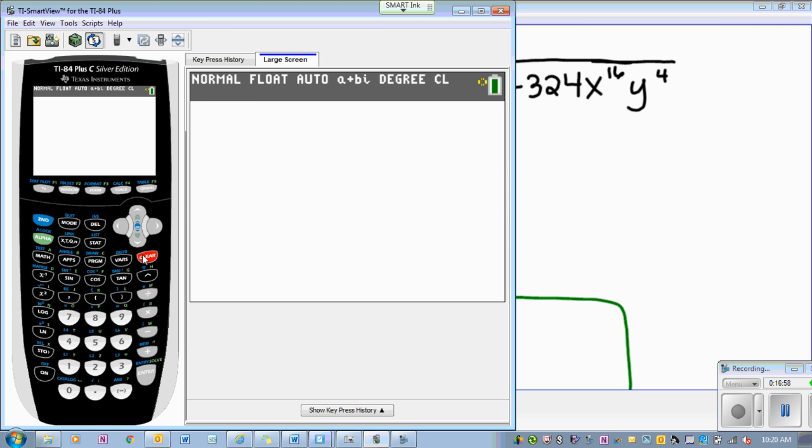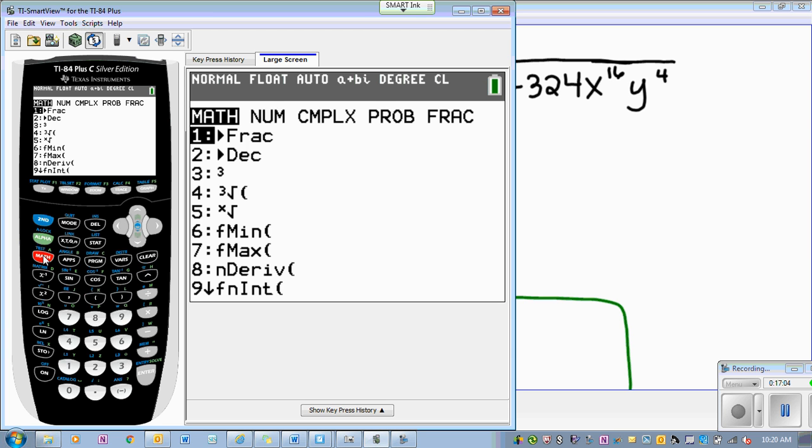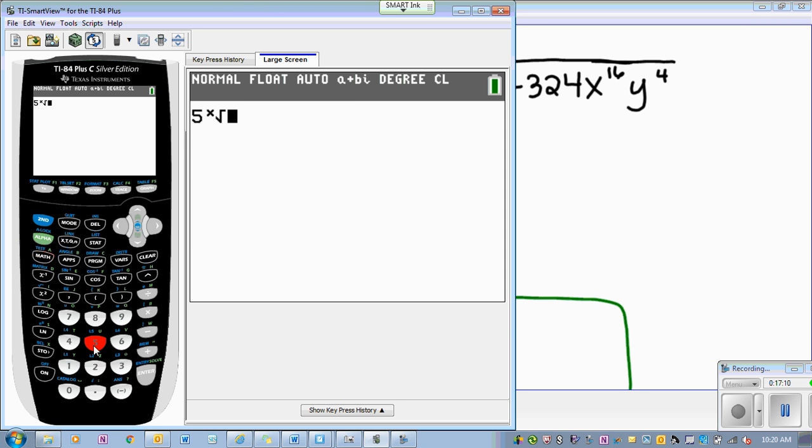All right. So 5, because I want the 5th root. And then I'm going to go to math. And that's the 5th one, right? With the little x in front of the radical. What is it? Negative 324? You get a decimal? Oh no. That means we have to break it down. You have to do this one the long way.